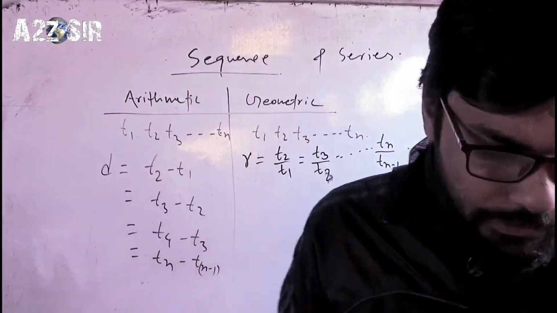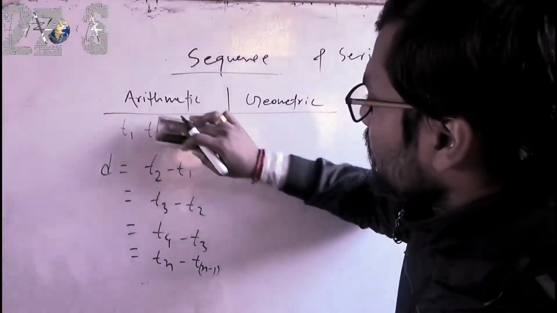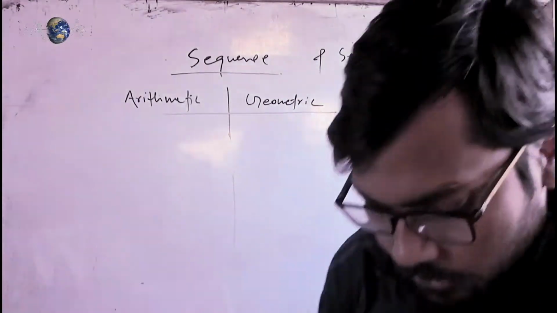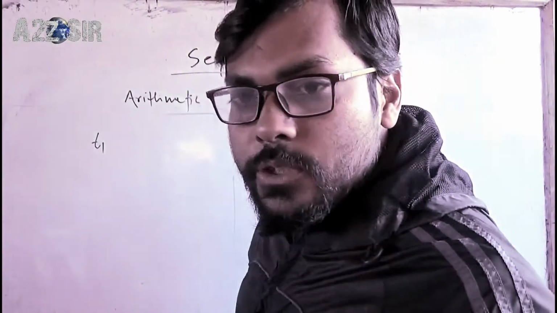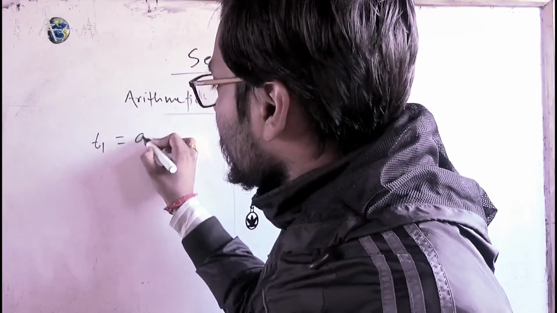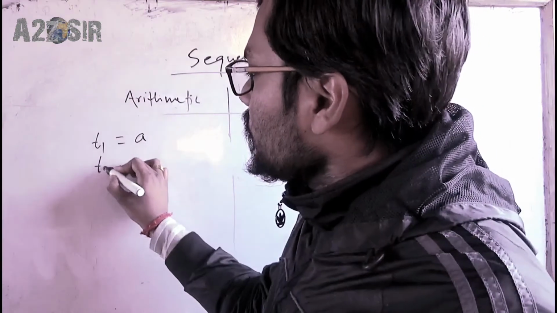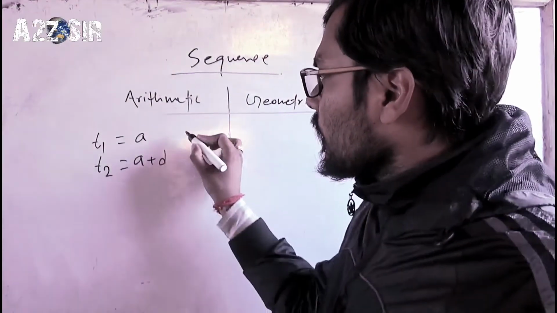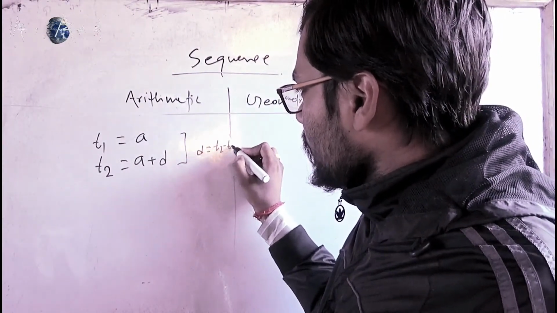Now, for the arithmetic series formula, the first term T1 is supposed to be a, then T2 becomes a plus d, so d is equal to T2 minus T1.